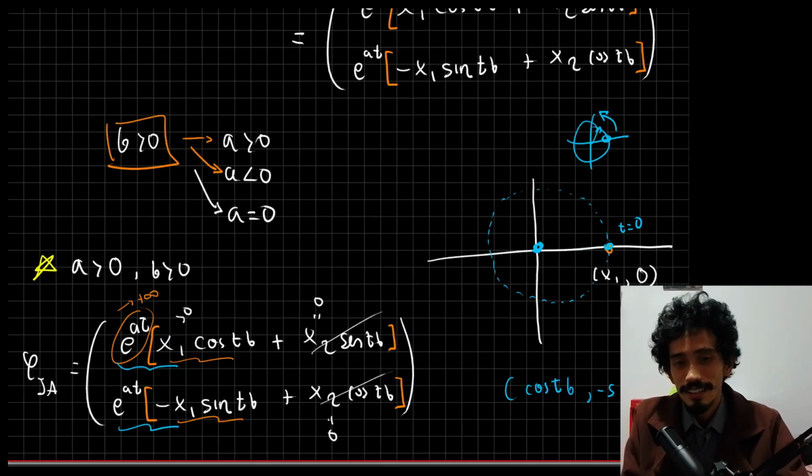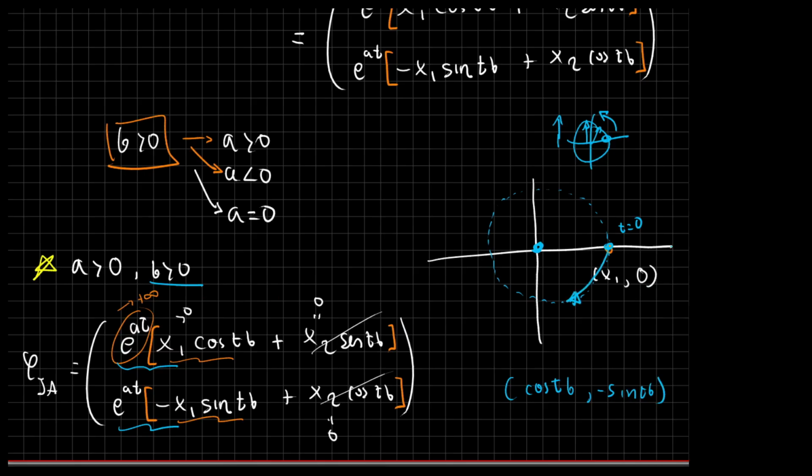But the sine, the minus sine: when t increases, sine starts at 0 but then it grows, so it goes positive. So we have here minus sine. Then when t grows, when the angle increases because b is also positive, then the minus sine will decrease. So it should be like this.